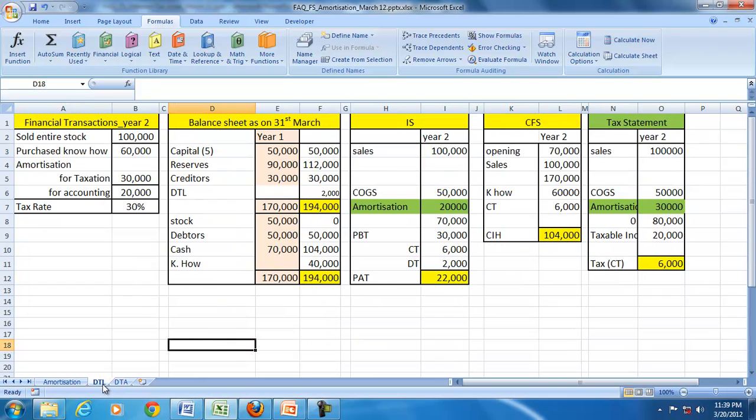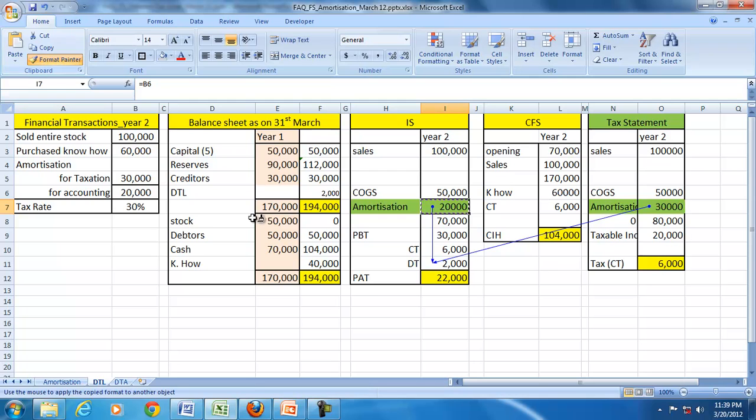So in case where the amortization in a tax statement is more than the amortization in the income statement, there is a deferred tax liability, and the deferred tax liability will be shown on the balance sheet.